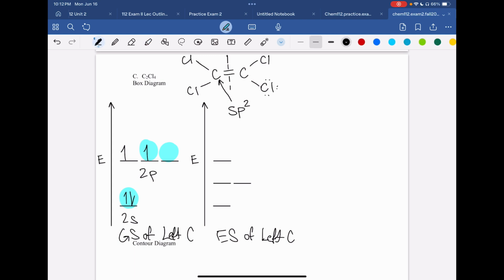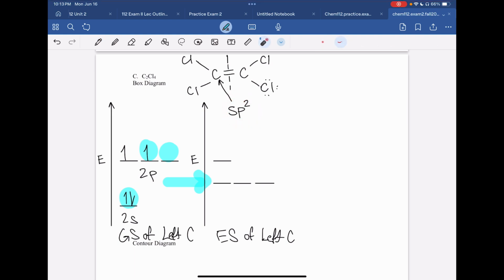Wait, this one shouldn't. Just going to fix this real quick. Okay, so what I circled, remember, your hybridization is above the S, below the P. So I circled three things because my hybridization told me three things.